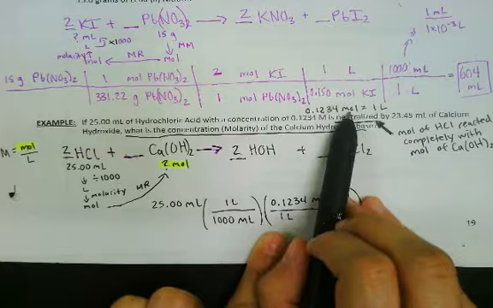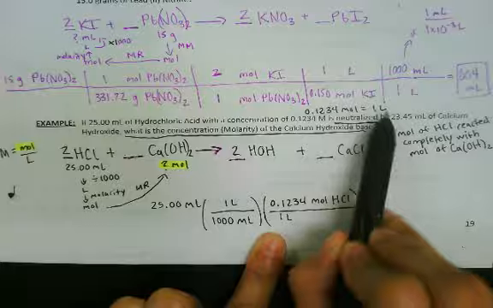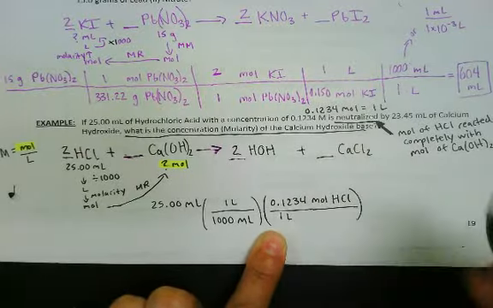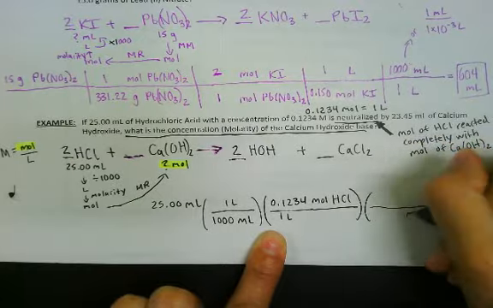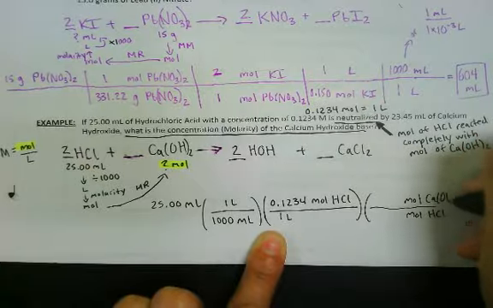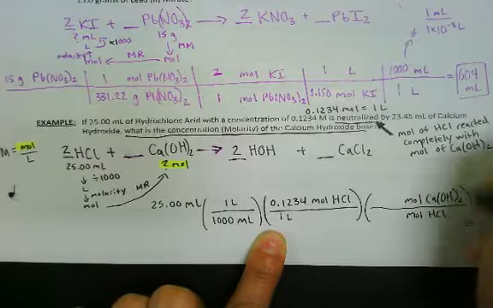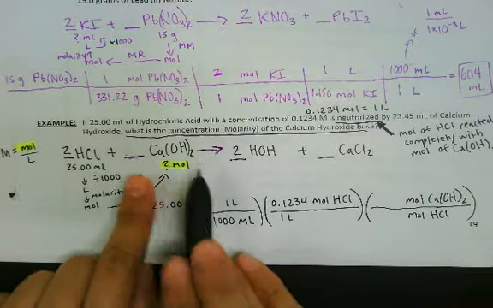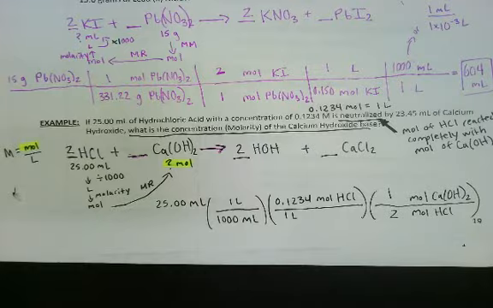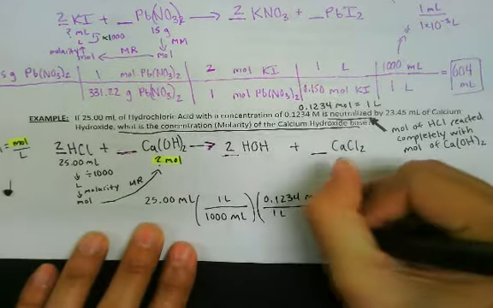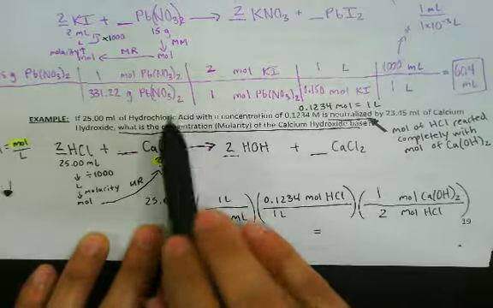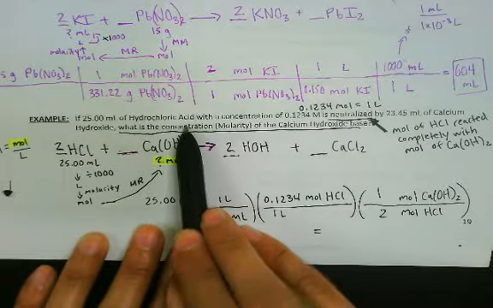Remember that this is the same thing as saying, we have this many moles per 1 liter. So you can use it as a conversion factor here, going from liters to moles. And then you can go from moles of hydrochloric acid to moles of calcium hydroxide using your coefficients. We balanced our equation together earlier, so you knew you had the right coefficient. This will get you the number of moles of calcium hydroxide that react with this much hydrochloric acid.